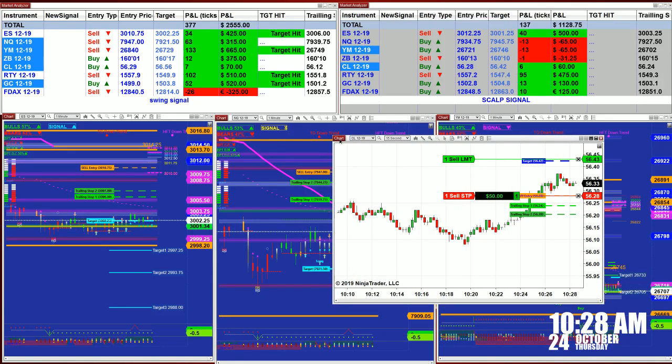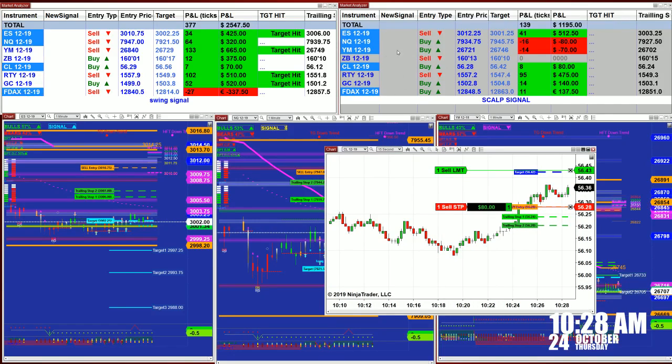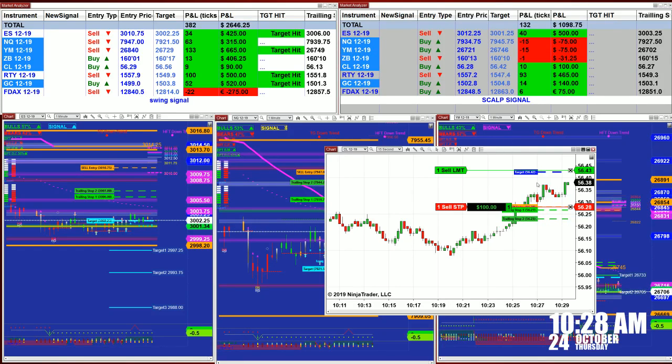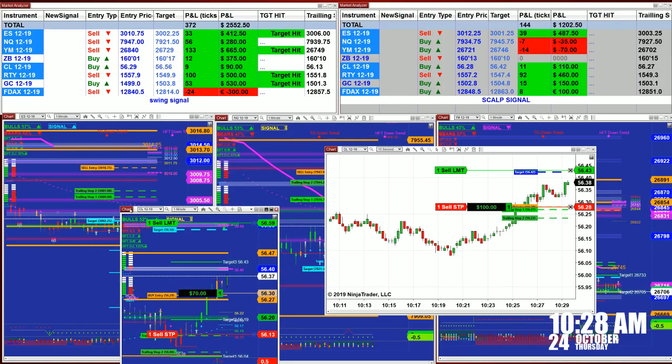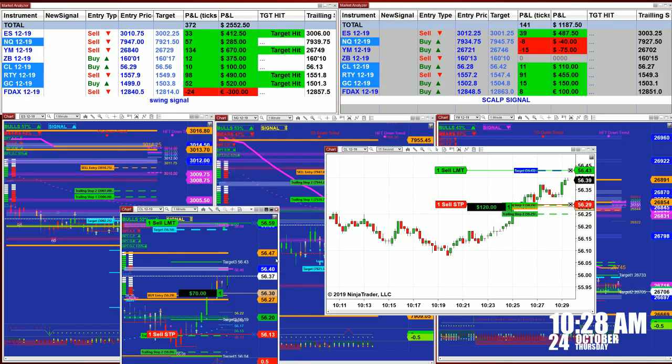This is the last signal. We have the CL on the scalping, and it seems like we are gonna take that trade out. I'm concerned about this 56.40 on the CL because there is a resistance line at 56.40, and it seems like the system got it to 56.43.